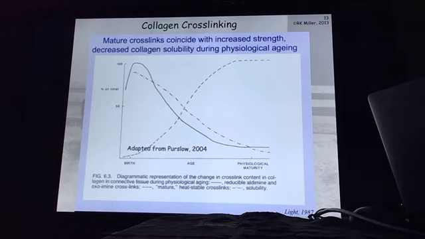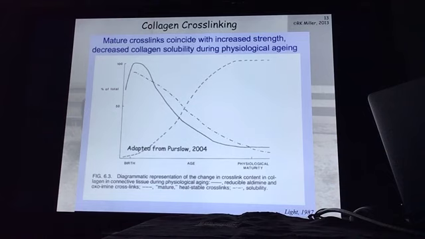So that's the percent soluble crosslinks, the ones that are heat labile, will break down with heat. And notice that the percentage decreases with age, indicating that there's a higher percentage of the mature crosslinks, the heat-stable crosslinks. And that is true.